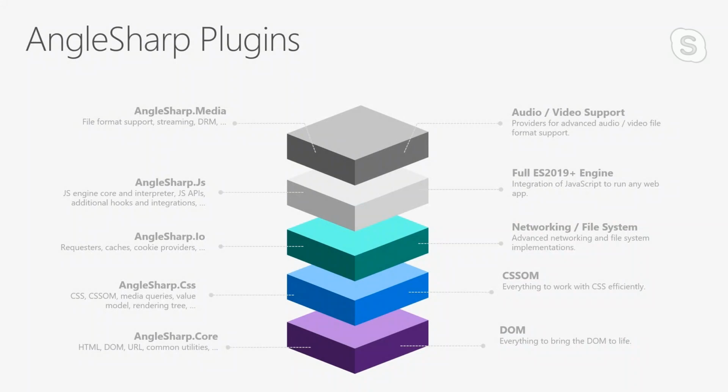And how the ecosystem looks is we have this base layer of AngleSharp Core providing the common utilities, and then we place on top of it useful libraries, like for instance AngleSharp CSS, which deals with the CSS object model. And here we also try to be fully W3C conformant, which means whenever they came up with a spec for how an API should look, we follow that spec.